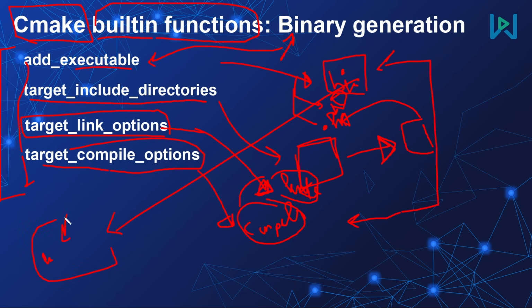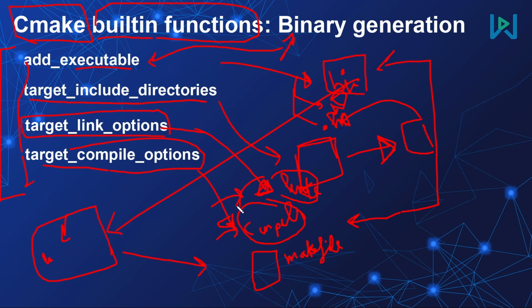And out of this internal representation, and during the generate stage, the CMake will create the list of the makefiles, and those ones will embed the different rules to invoke the compiler and the linker with the corresponding compiler flags and linker flags.